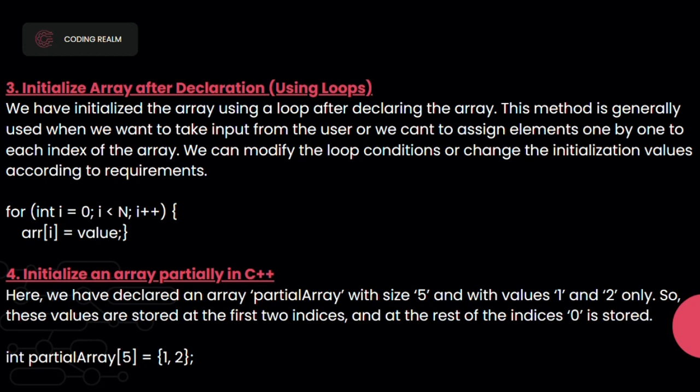We can modify the loop conditions or change the initialization values according to requirements. For example, here I use for int i equal to 0, i less than n, i plus plus, array[i] equal to values.